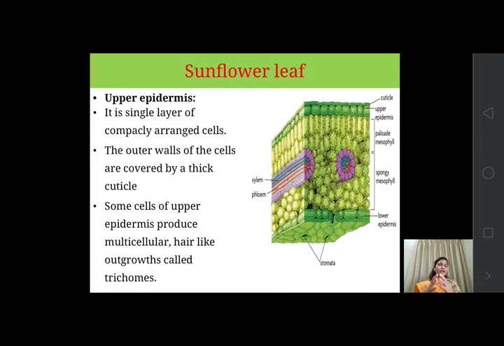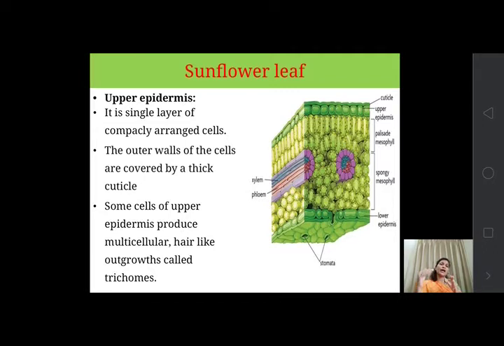Cutin is a somewhat wax-like material, and the layer which forms on the upper epidermal cell wall is the cuticle layer. It is an additional protective layer formed on the upper side of the epidermal tissues. So this layer is known as the thick cuticle layer.